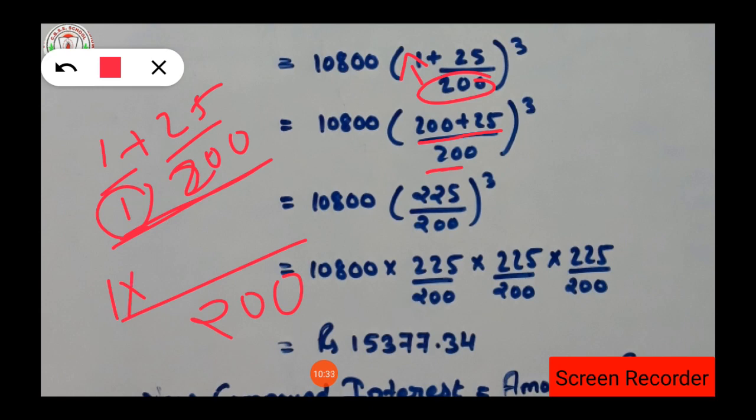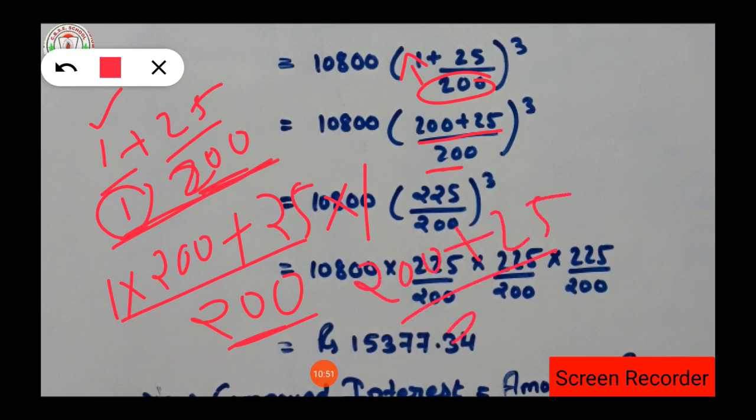That will be multiplied with the numerator 1. So 1 into 200 plus, 200 comes in the table of 200 how many times? 1 time. So that 1 will be multiplied with the numerator 25. So what equation are we getting? 200 plus 25 upon 200. This one. Okay. Now 200 plus 25 will become how much?